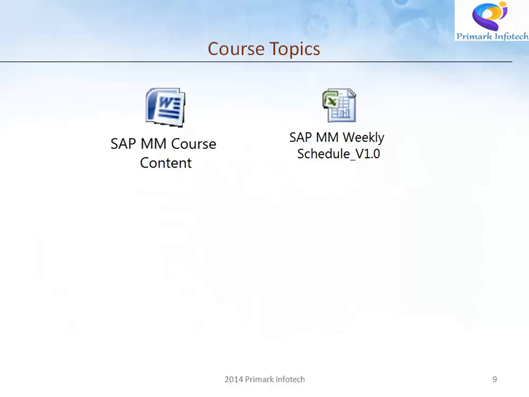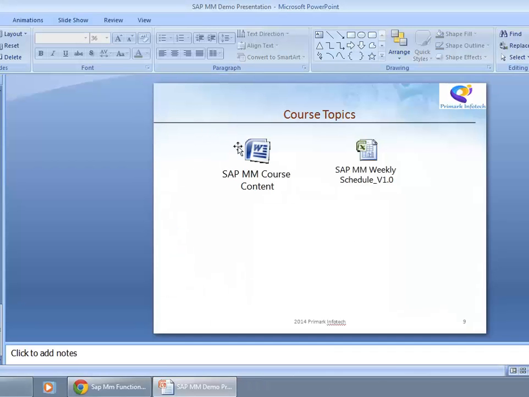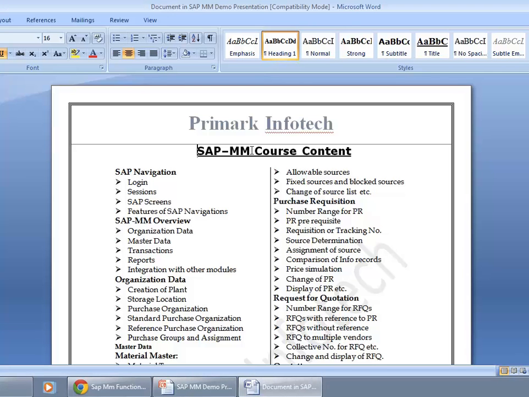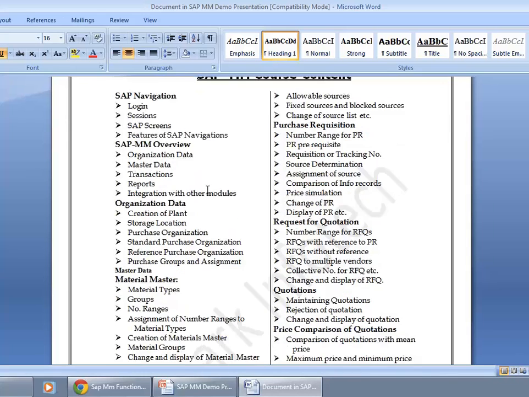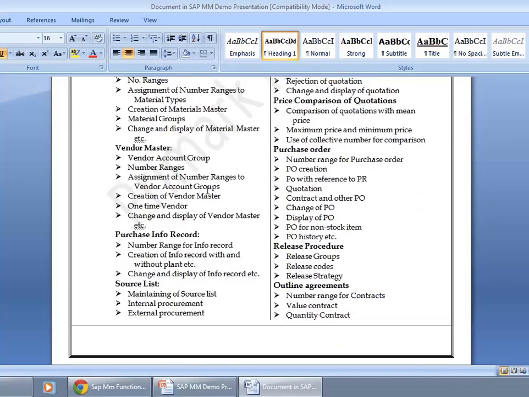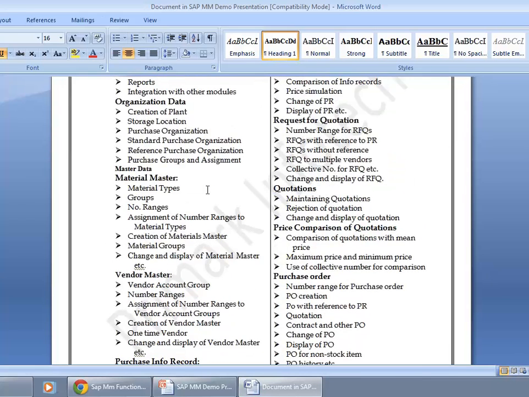Let me go through the course topics, course content, and the schedule. We'll have an MM overview, organization data, and master data, which comprises all the things we just spoke about.